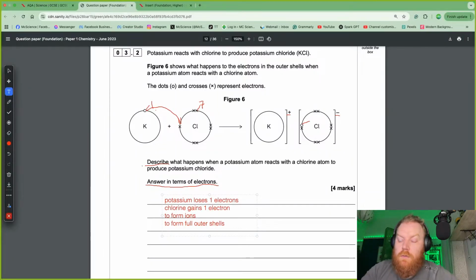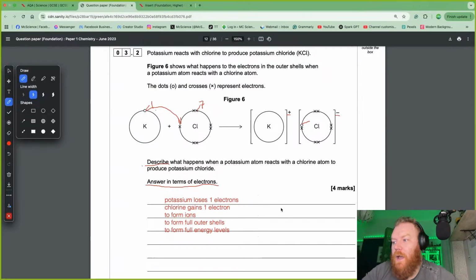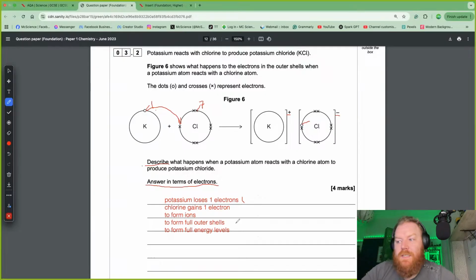Or depending on how your teacher has said, you can also say to form full energy levels as well. And these are the kind of things that we are looking for in our answer. So you would get 1 mark for saying about potassium losing electrons, 1 mark for saying chlorine gains, 1 mark for any of these 3, and then you would get the 1 mark for saying about that 1 electron.